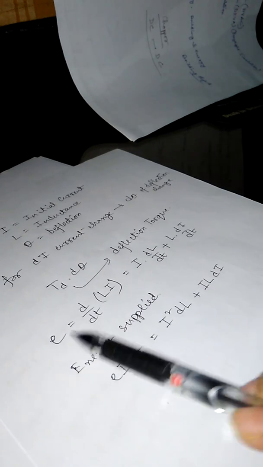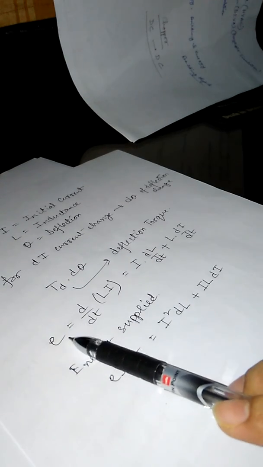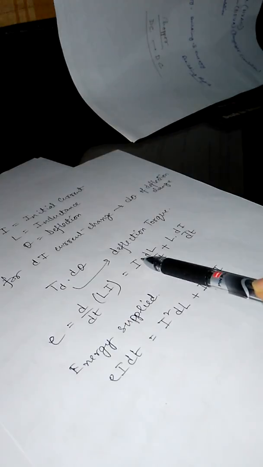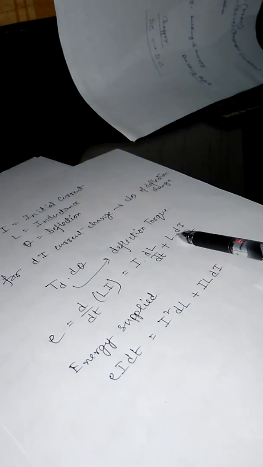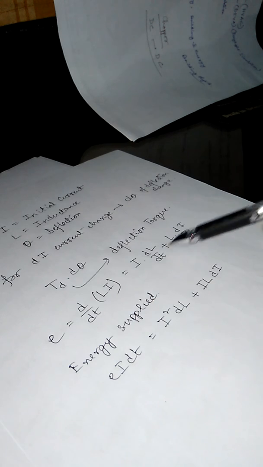When we consider E I dt, I dt is multiplied, so I square, dt is cancelled, that is I square dL, and here it is IL dI, again dt is cancelled from the previous equations.